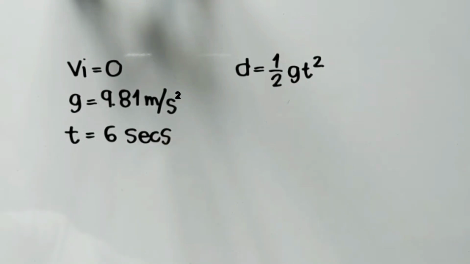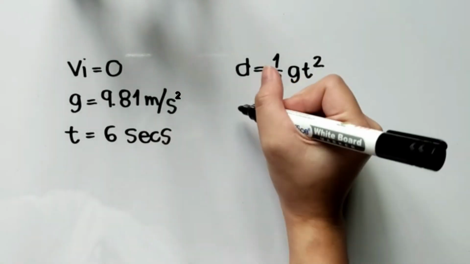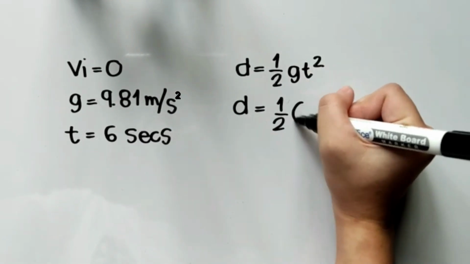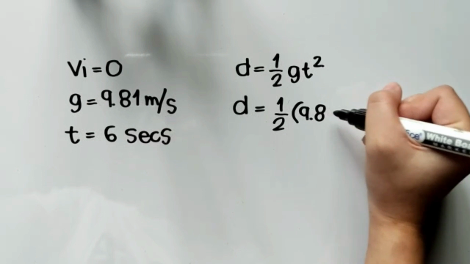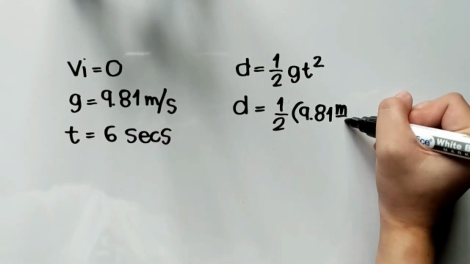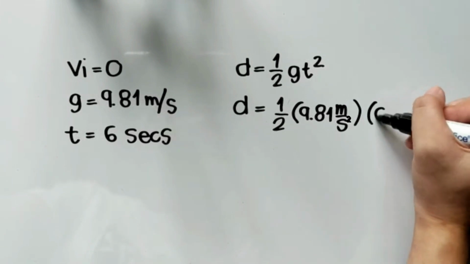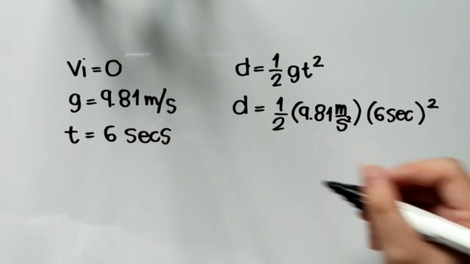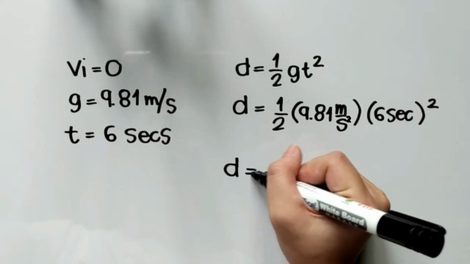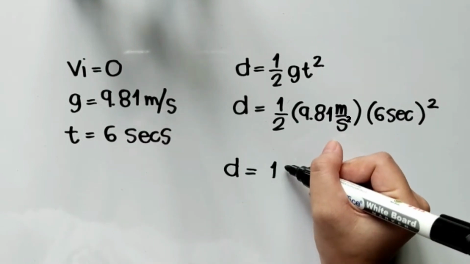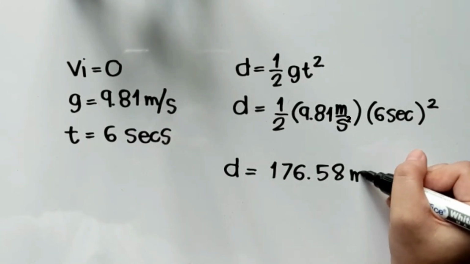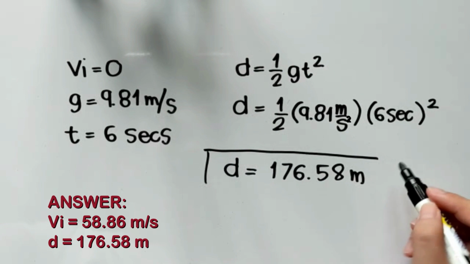So we just substitute the given values in the formula. d is equal to 1/2 times the gravity, 9.81 meters per second squared, multiplied by the time, 6 seconds, squared. Therefore, our d is equal to 176.58 meters. And this would be our final answer.